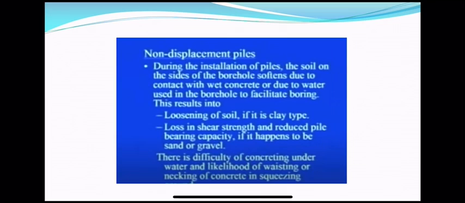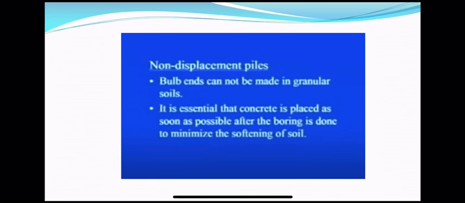If it happens to be sand or gravel, there is difficulty of concreting under water and likelihood of waisting or necking of concrete by squeezing. In non-displacement piles, pulp ends cannot be made in granular soils. It is essential that concrete is placed as soon as possible after the boring is done to minimize the softening of soil.